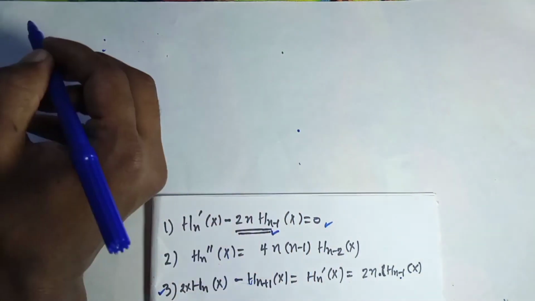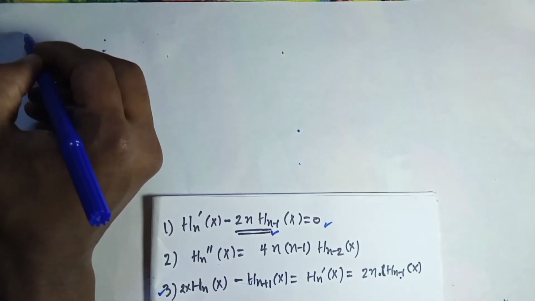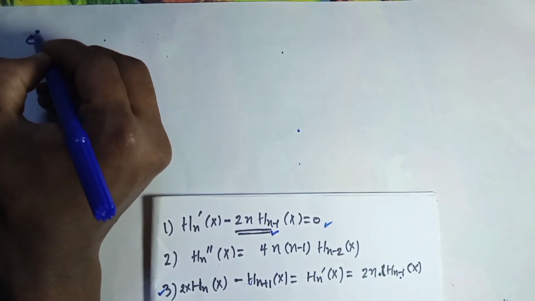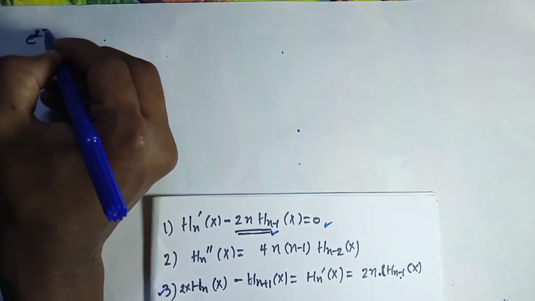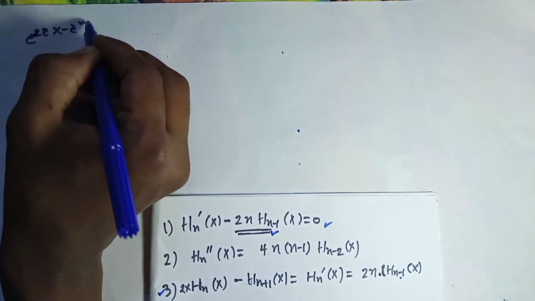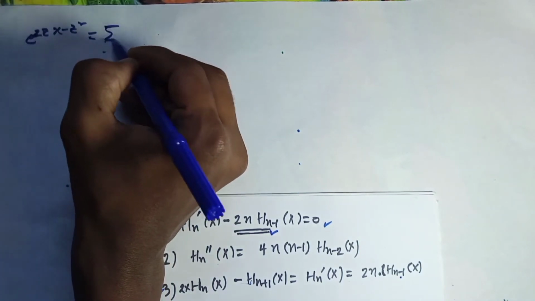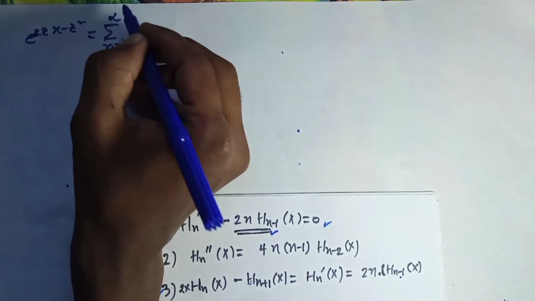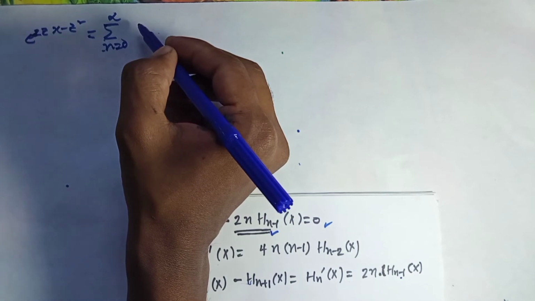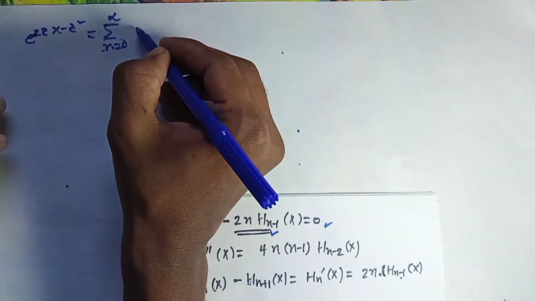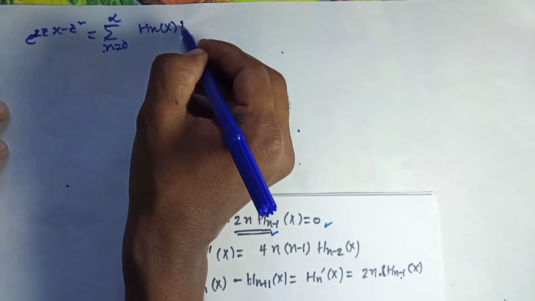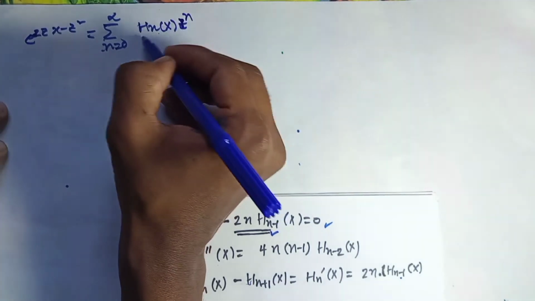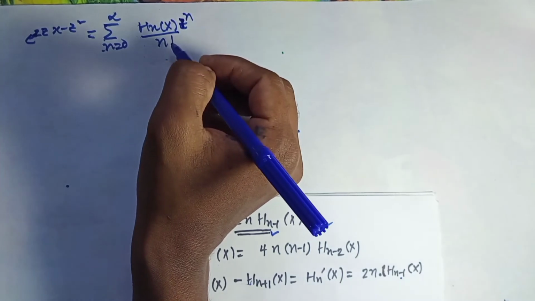We know that the generating function of Hermite polynomial is e to the power 2zx minus z squared is equal to summation n goes to 0 to infinity Sn of x z to the power n divided by factorial n.